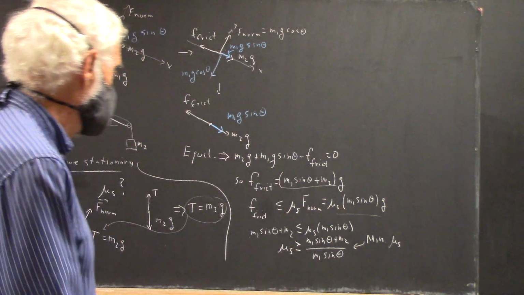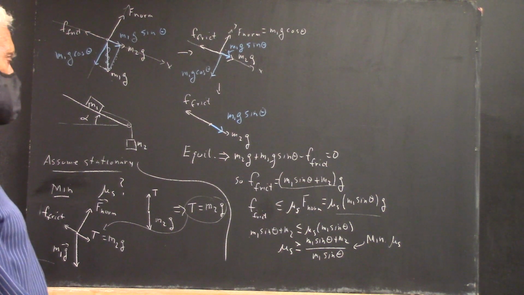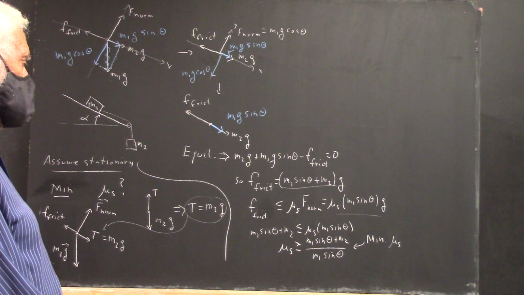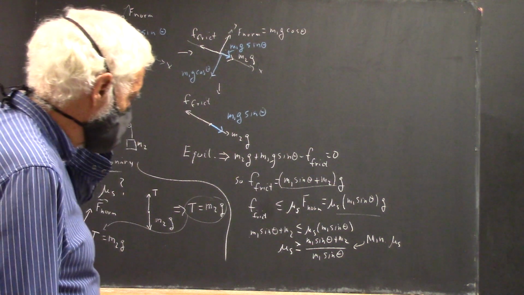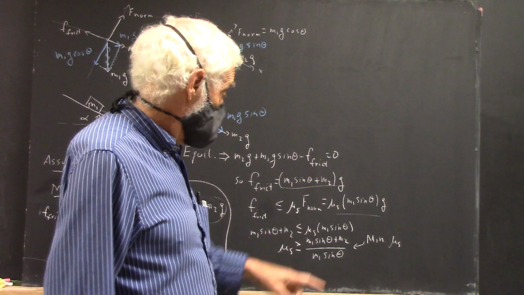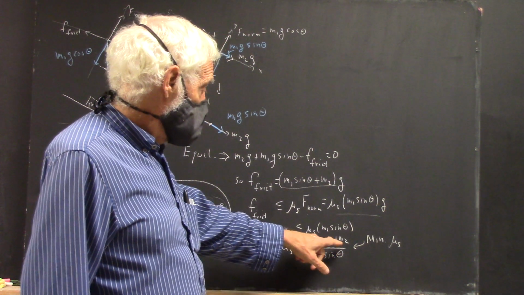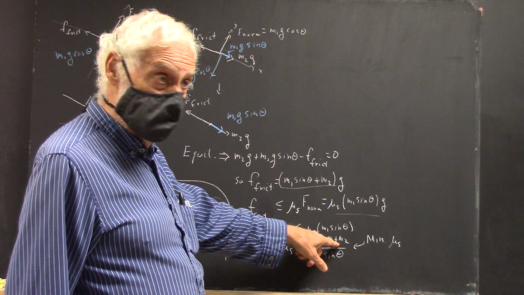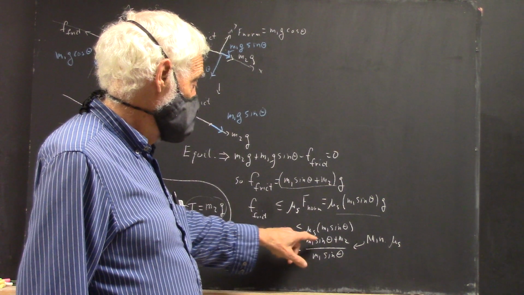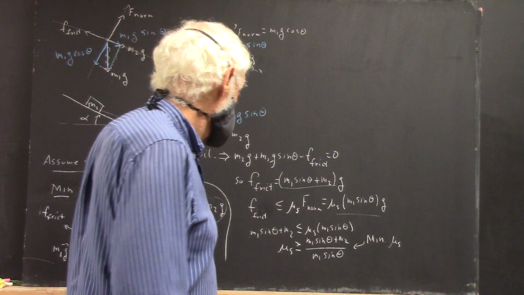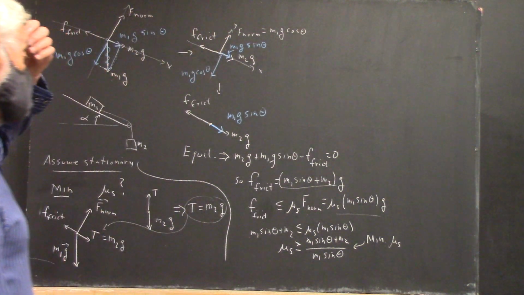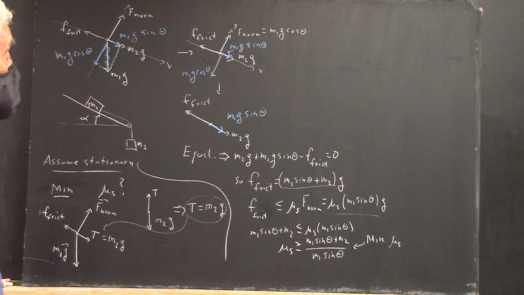Okay? This isn't right though. Something's wrong here. Because if M2 is 0, then you get mu s greater than or equal to 1. It doesn't depend on theta. So something is amiss in the analysis.